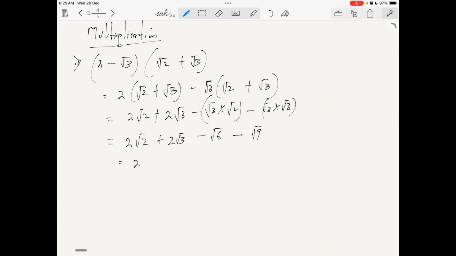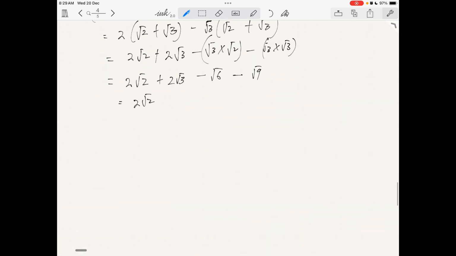So we have 2 root 2 plus 2 root 3 minus root 6 minus 3. This will be our final answer for the product of surds.